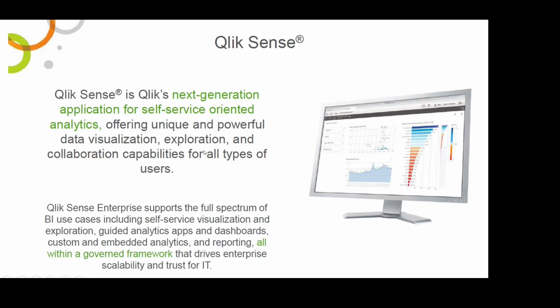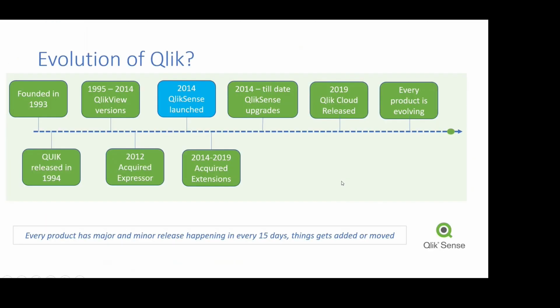Next, we talked about what is Qliksense and the evolution of Qlik to Qliksense. It started as the QlikView tool and then transitioned to Qliksense, and then there is Qliksense Cloud, which is a cloud offering.